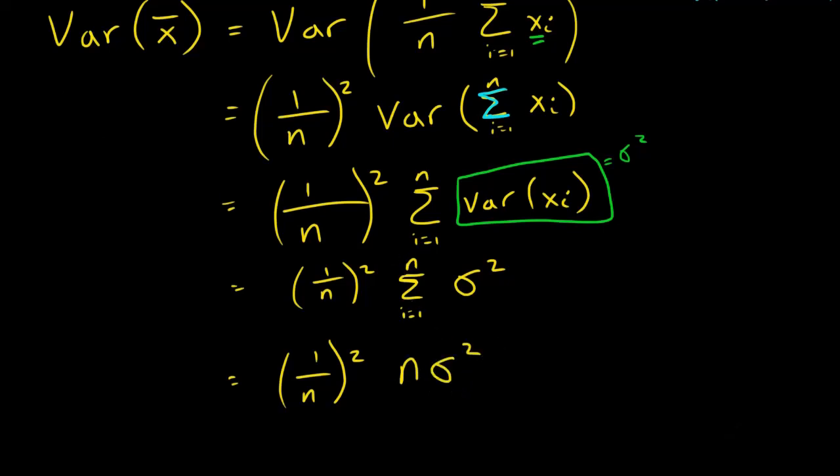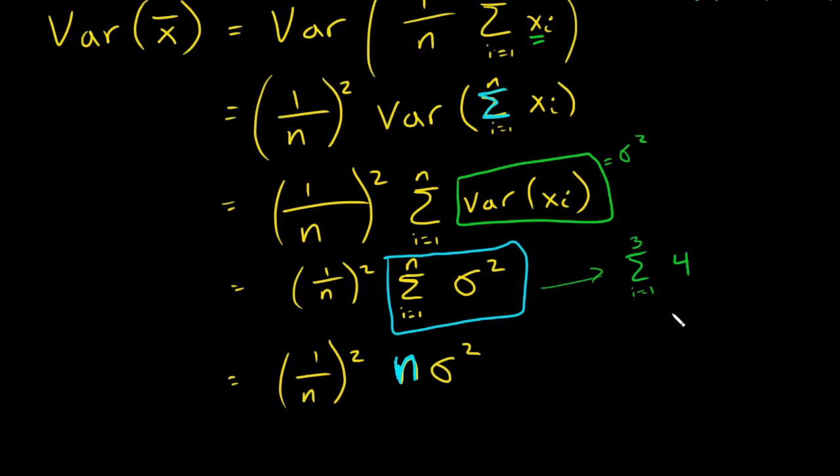When I sum sigma squared n times, I'll have n times sigma squared. For example, let's talk about this a little further. Suppose n were 3, and I was summing up 4, say.